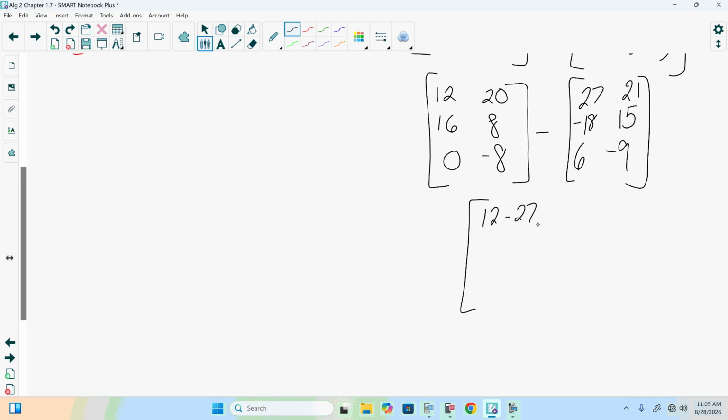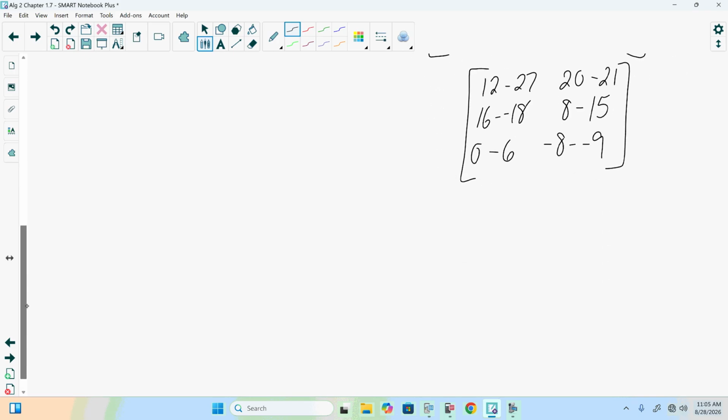12 minus 27, 20 minus 21, 16 minus negative 18, 8 minus 15, 0 minus 6, and negative 8 minus negative 9. 12 minus 27 would be negative 15. 20 minus 21, negative 1. 16 minus negative 18, negative and negative make a positive.